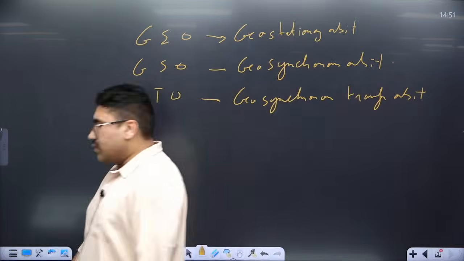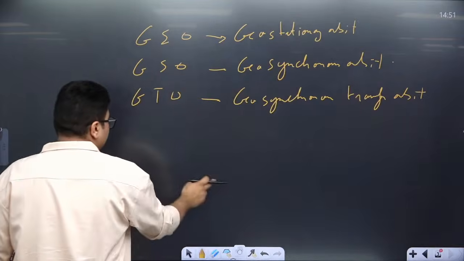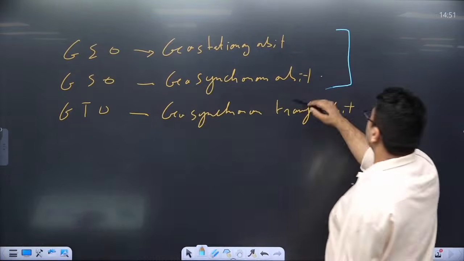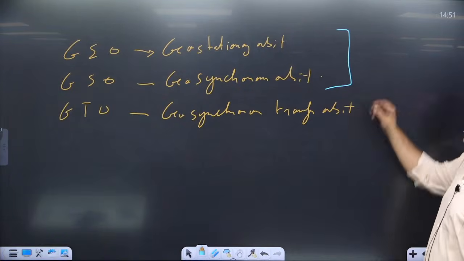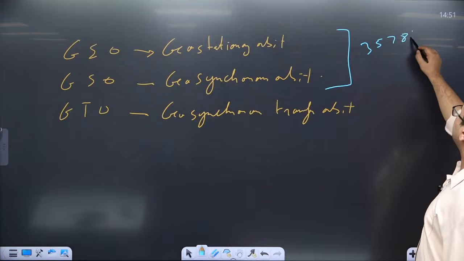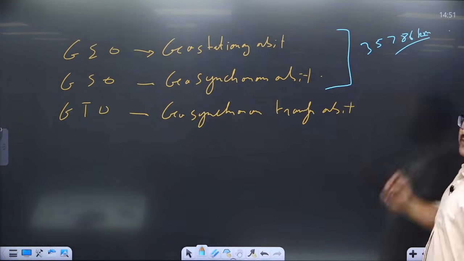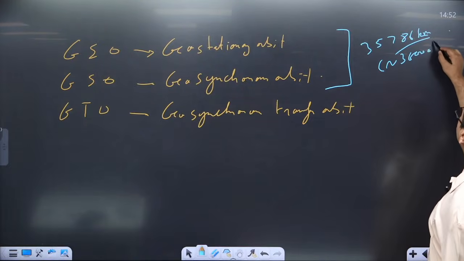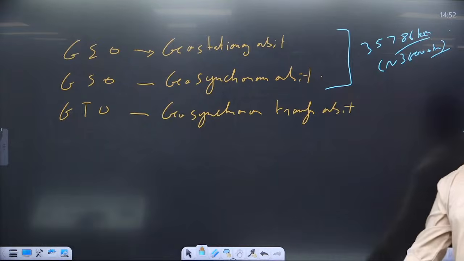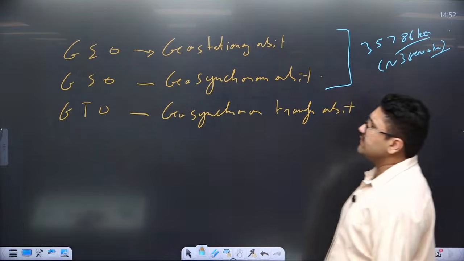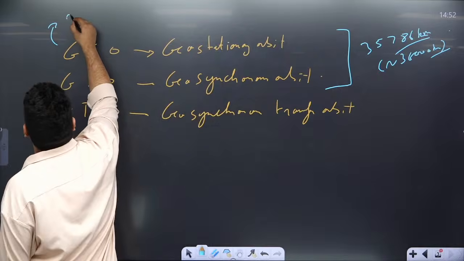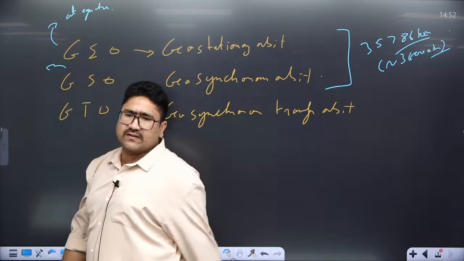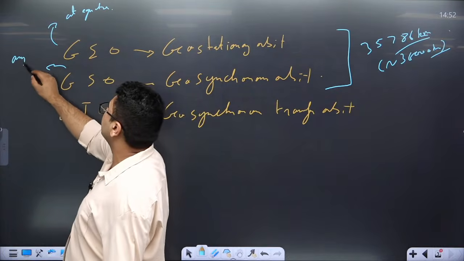Now, what you need to remember is that both geosynchronous and geostationary are at 35786 kilometers. Exactly this height is there. This is written as approximately equal to 36,000 kilometers. No issues. The only difference is that geostationary is above the equator, whereas geosynchronous is at any other angle.